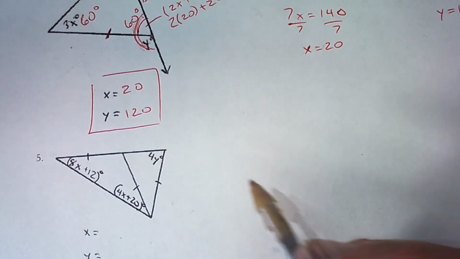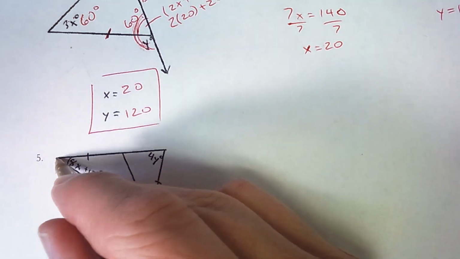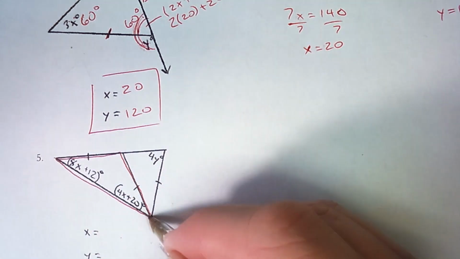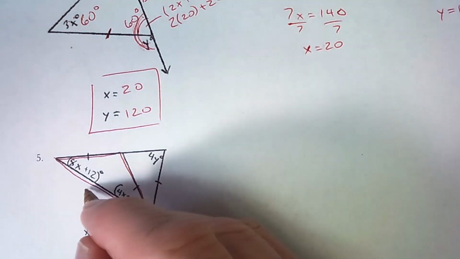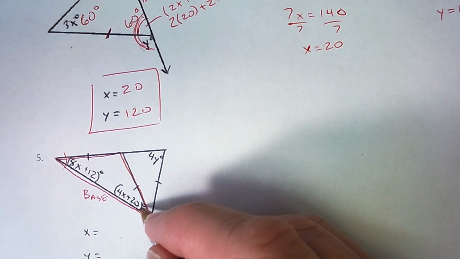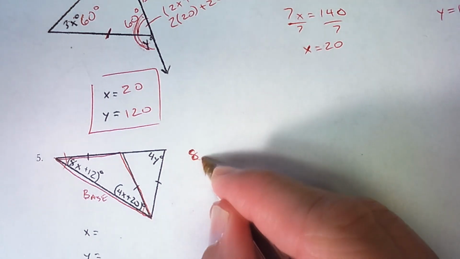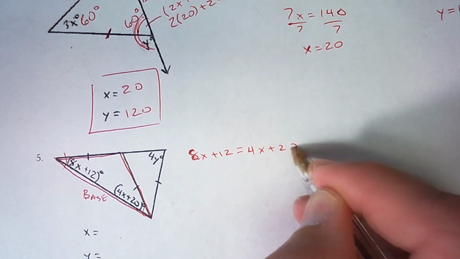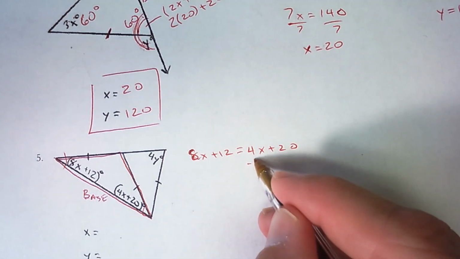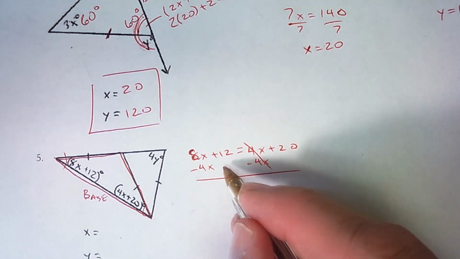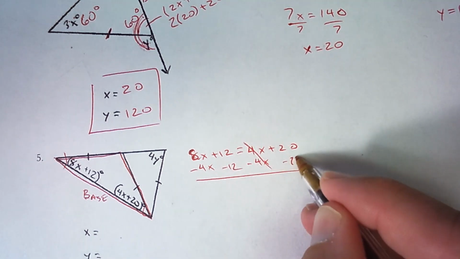And for my last problem, I've got an isosceles triangle right here. And here's the base. These base angles are congruent. 8x plus 12 is equal to 4x plus 20. Minus 4x and minus 12.